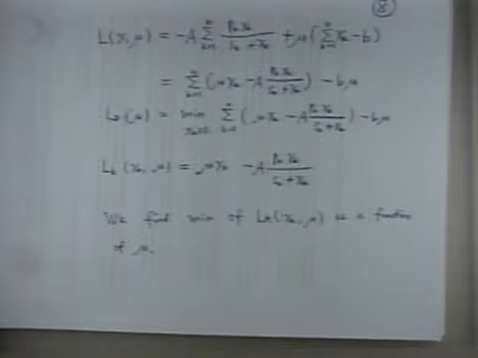So now do you know how to solve this? I hope so. How to minimize this function? Take the derivative with respect to xk and set it to 0. Okay, and what do you get?